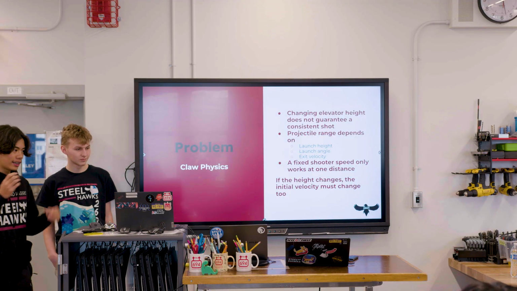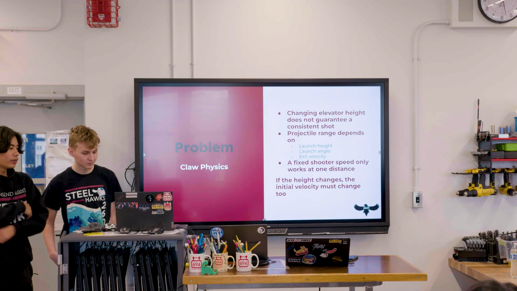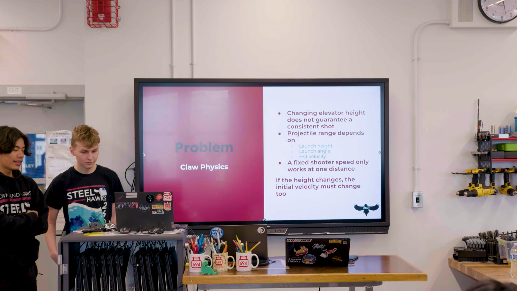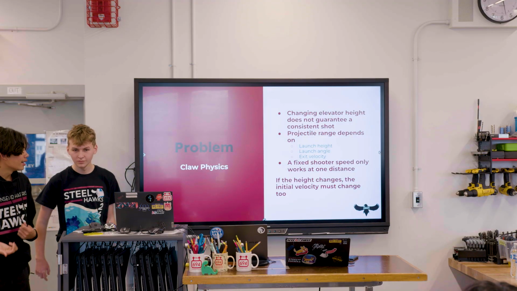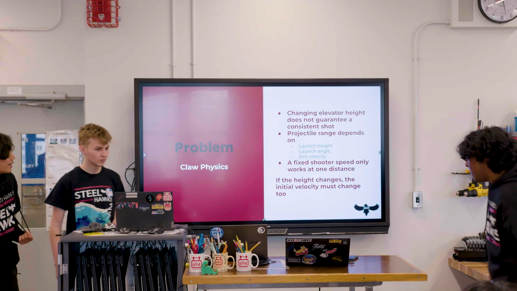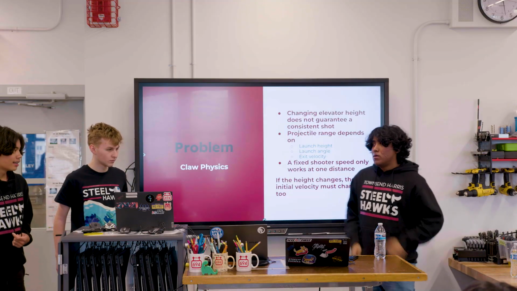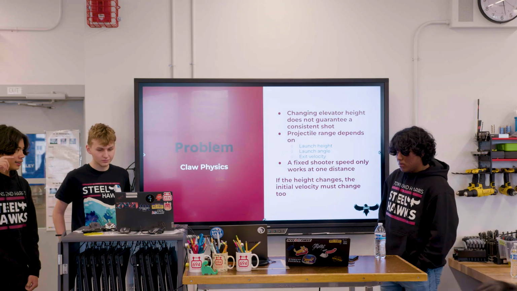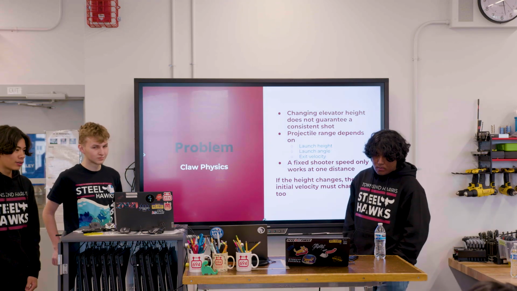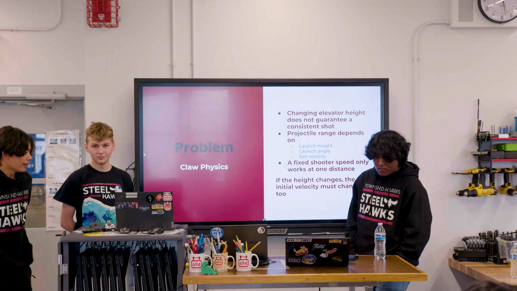If you're really far away and you shoot the coral very slowly, there's a chance the coral won't make it to the branch and will miss. A fixed shooter speed only works at one distance. So to circumvent this problem, we have to change the initial velocity of our coral every time we also change the height of our elevator.